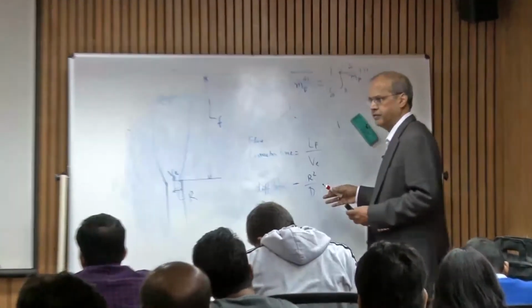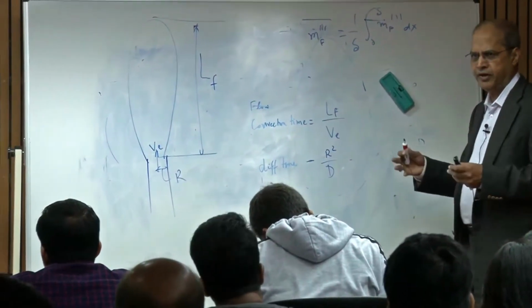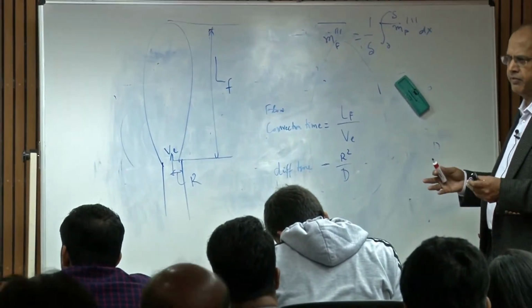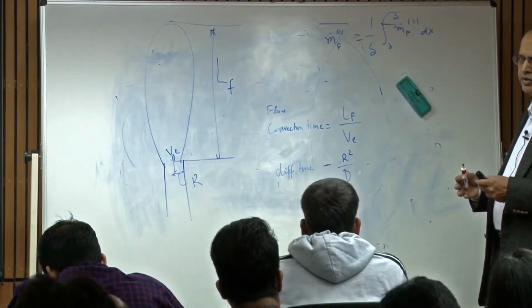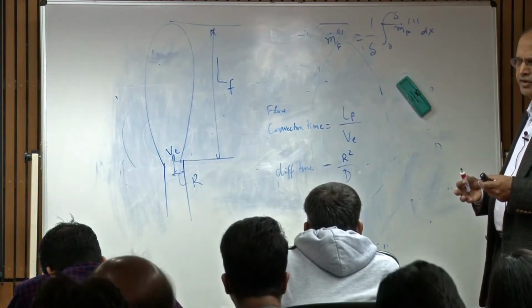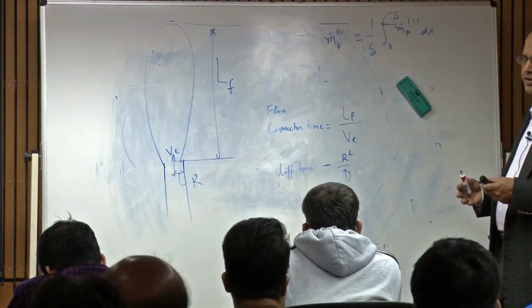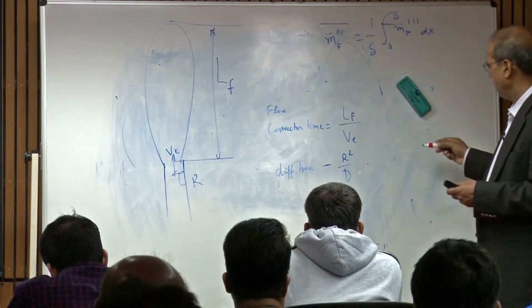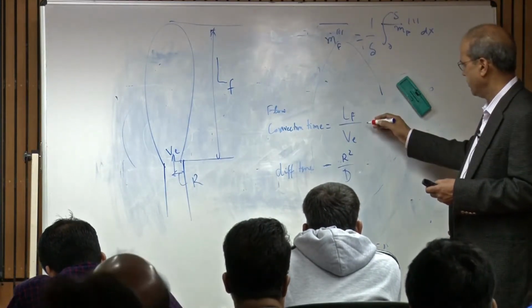Remember we did a similar thing for premix flames. For every configuration of flame, what we need to do is recognize what is the characteristic length, what is the characteristic velocity, and what are the characteristic times. For premix flames, what was this quantity?